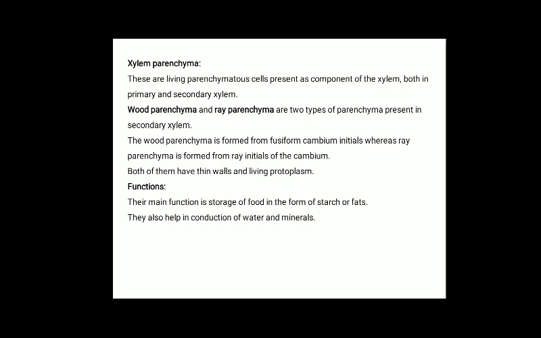Both of them have thin walls and living protoplasm. The main function of xylem parenchyma is storage of food in the form of starch or fats. They also help in conduction of water and minerals.